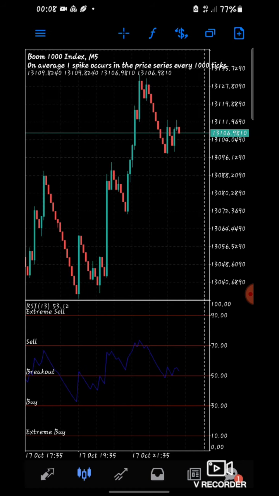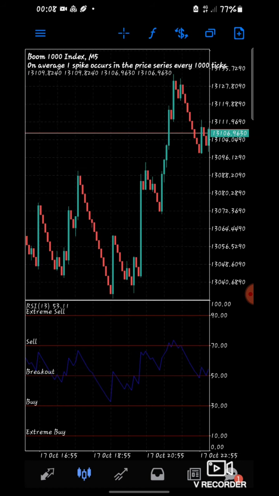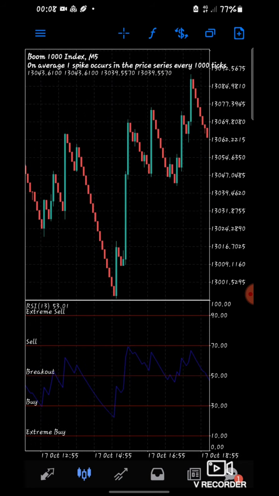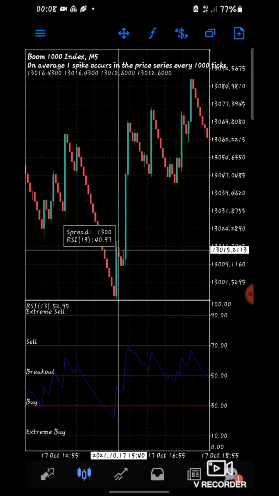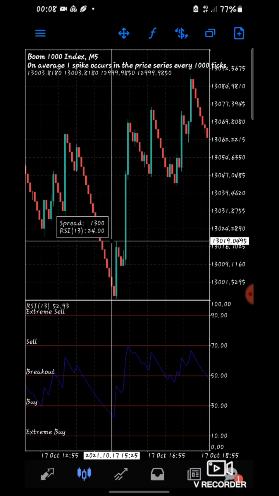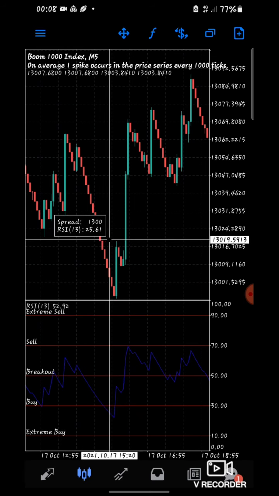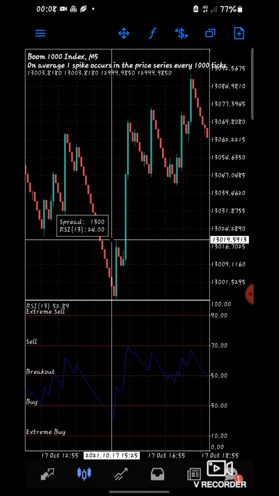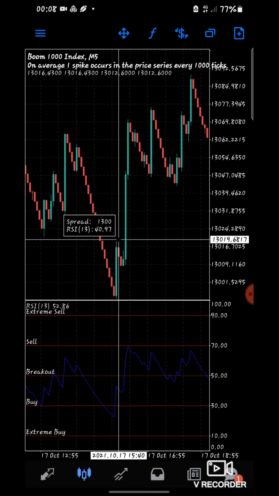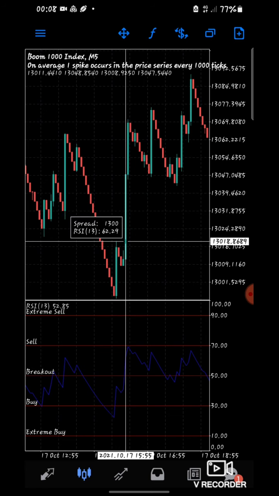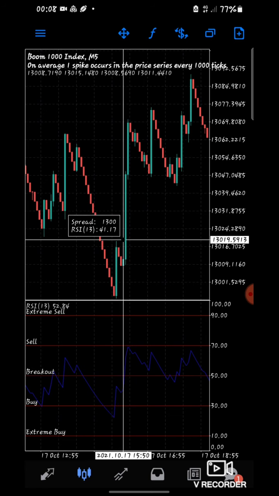Okay, so whenever it touches the buy line, which is 30 on the RSI chart, you place a buy. Example like here. If you place a buy here, you take some candles and leave the market. Make sure it doesn't exceed this breakout, that's the line 50.